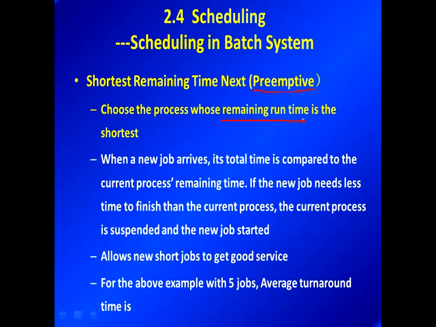Okay, so this is the basic idea for shortest remaining time next.